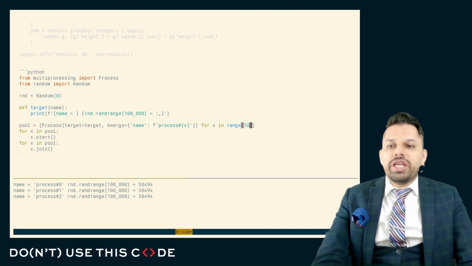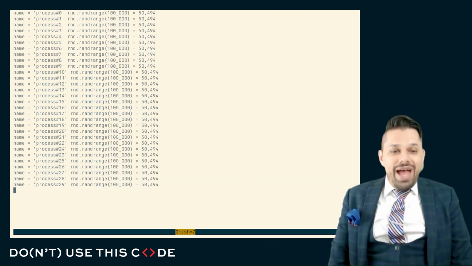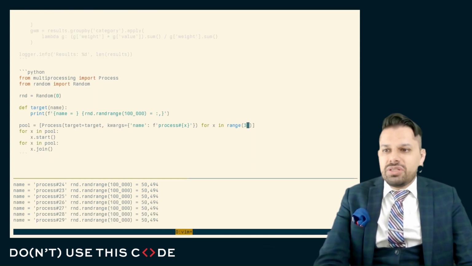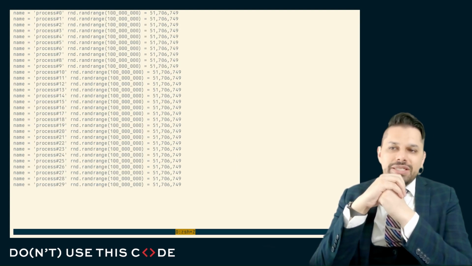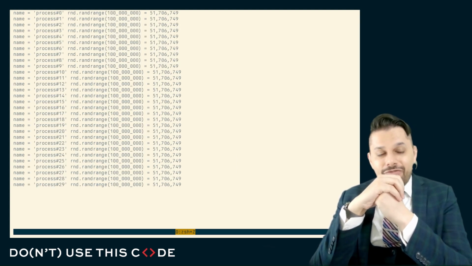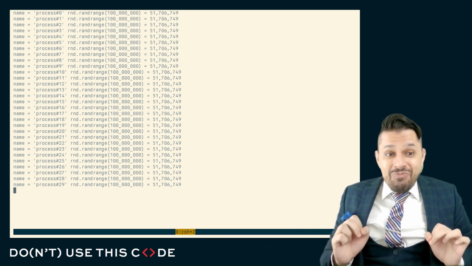Let's do this with 30 of them. What is the chance that randomly picking a value from 1 to, not 100,000, let's really make this fun, let's do 100 million. What is the probability that 30 separate processes randomly picking a value between 0 and 100 million all come to the same value?